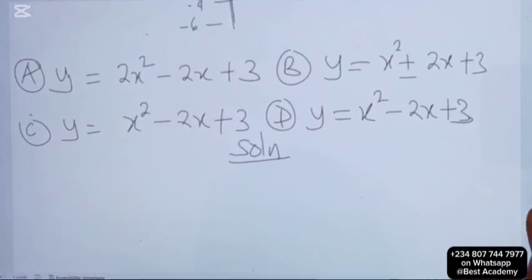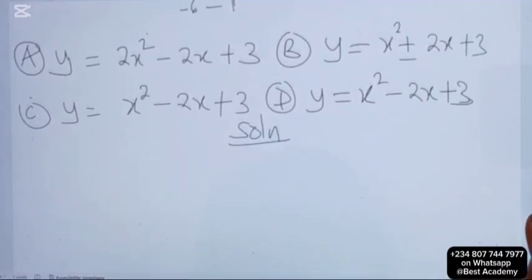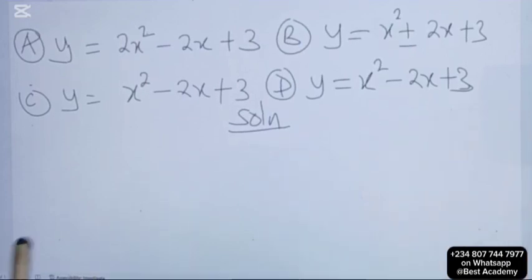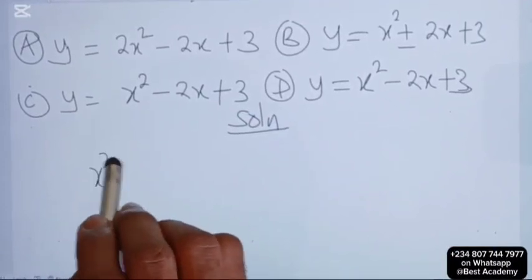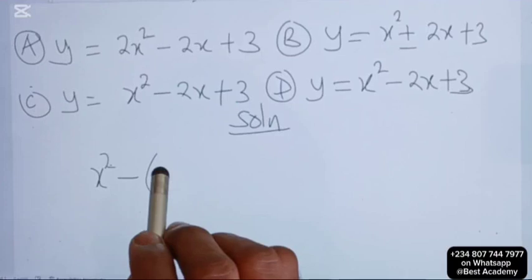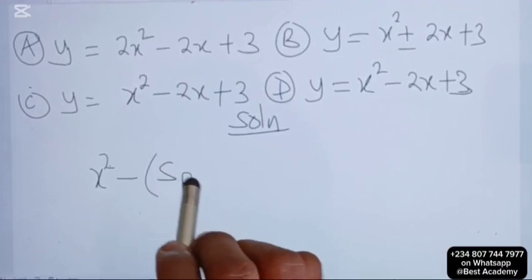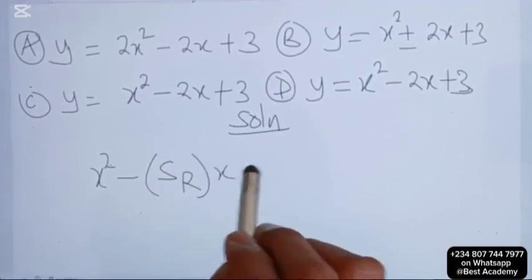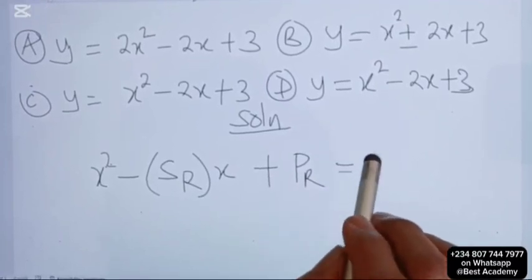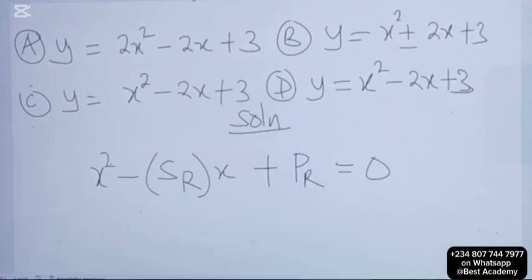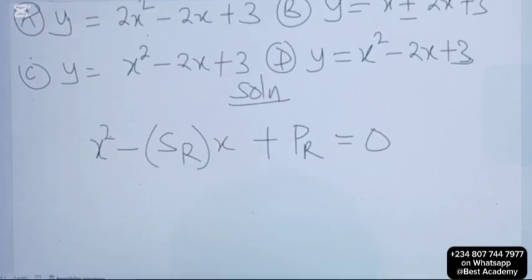Okay. Now, let's try to solve this. To form a quadratic equation with given roots, the formula is this: x squared minus the sum of roots x plus the product of roots is equal to 0. Take notes. x squared minus (sum of roots) x plus (product of roots) is equal to 0.